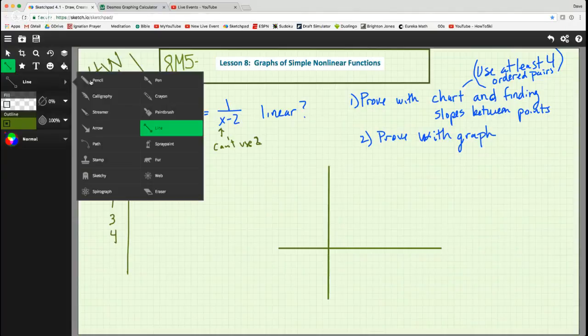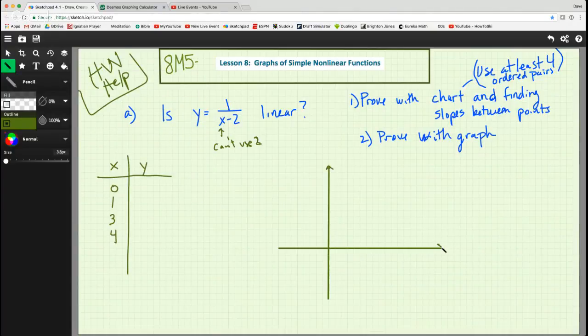Okay, so I assume you've tried this. And now let's see. Well, if I plug a 0 in, 1 over 0 minus 2, well, that equals negative 1/2. 1 over 1 minus 2 equals 1 over negative 1 equals negative 1.